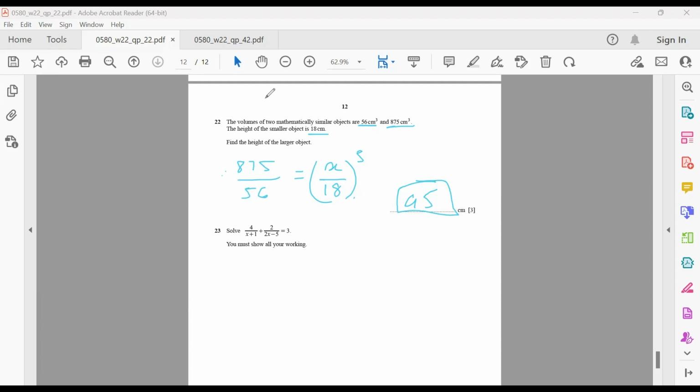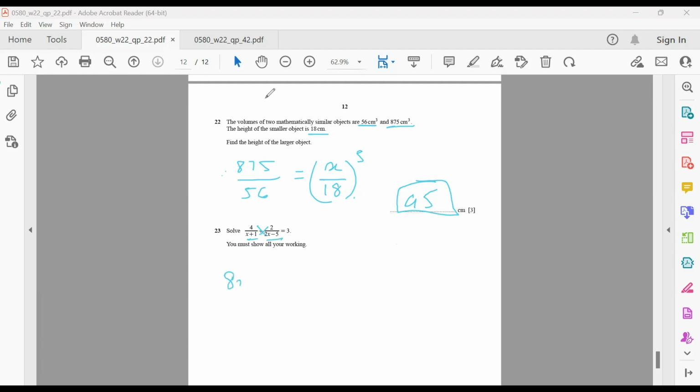Okay, and I think this is the last question of the paper, which is 4 upon x plus 1 plus 2 upon 2x plus 5 is equal to 3. So first of all, we need to multiply this denominator with this, and this denominator with this.